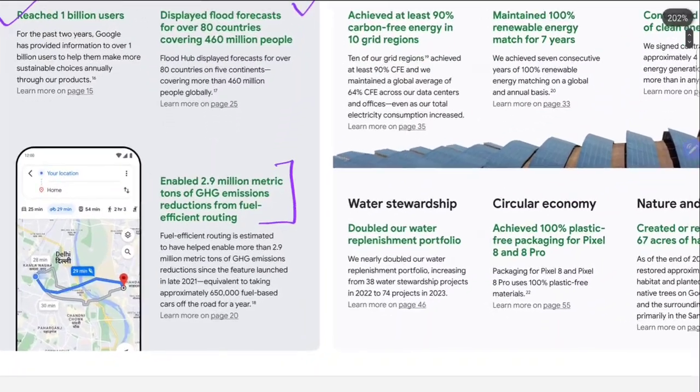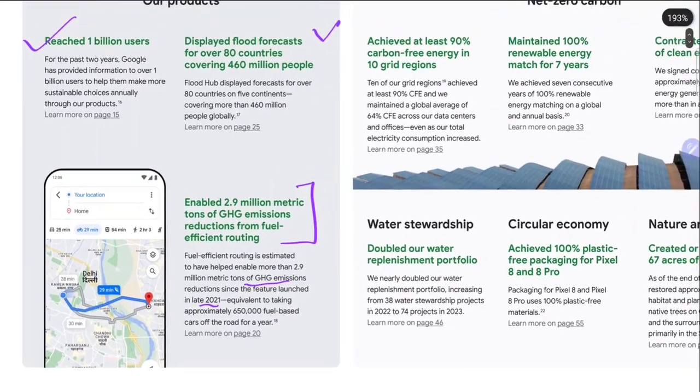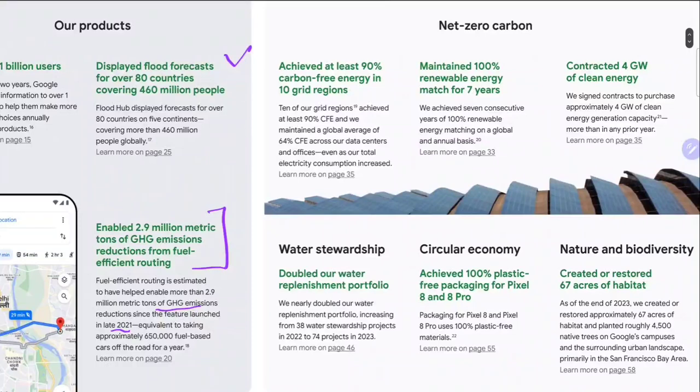So this is like you can say, fuel efficient routing is estimated to help enable more than 2.9 million metric tons of GHG emissions reduction since the feature launched in late 2021. Okay, so this is very important information.